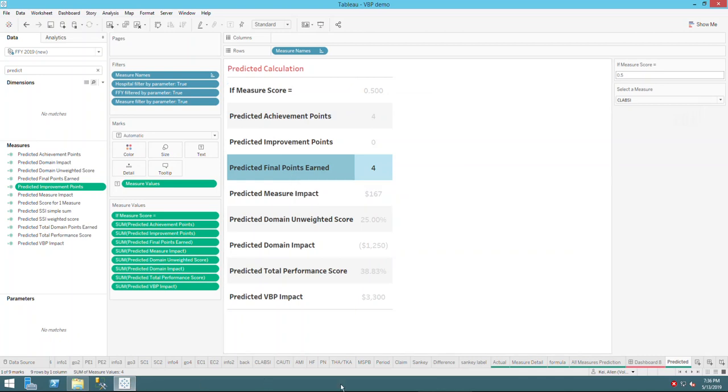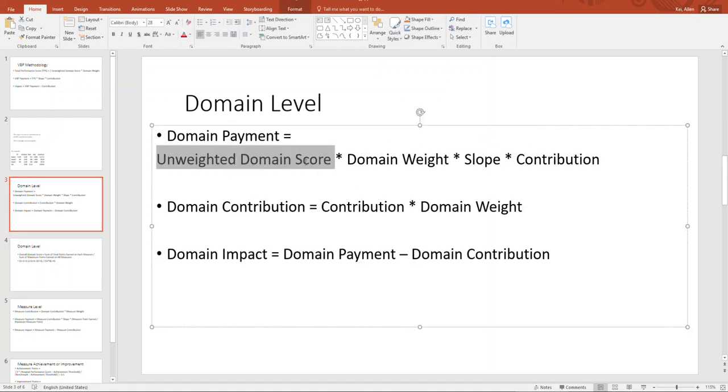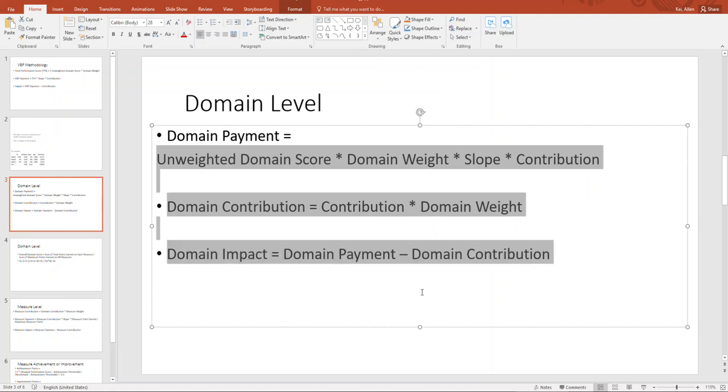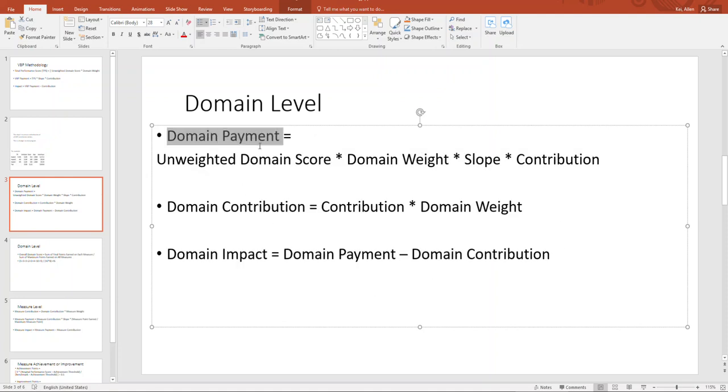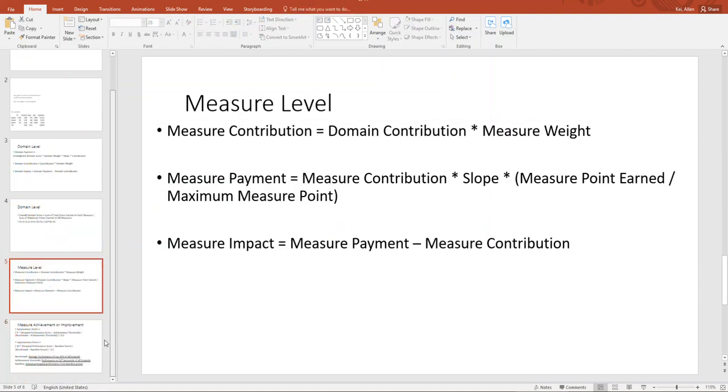Let's say there are 8 final points, and here is your final result. Each of them has a maximum of 10 points, so the sum of your scores is divided by 80. That gives you a percentage, and that percentage is your unweighted domain score. And from here you have all the variables to calculate your domain payment, domain contribution, and domain impact. Okay, so that's it.